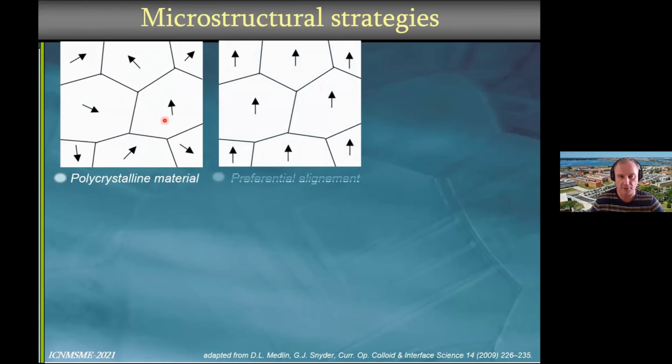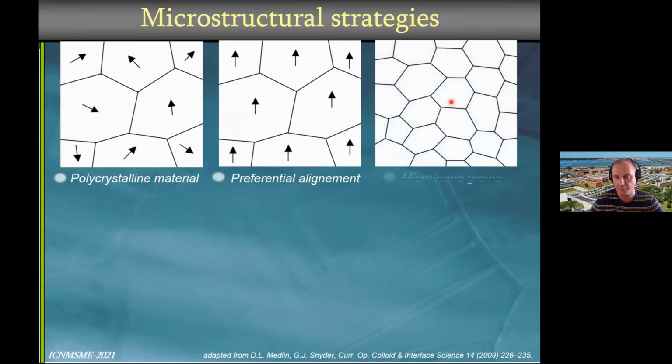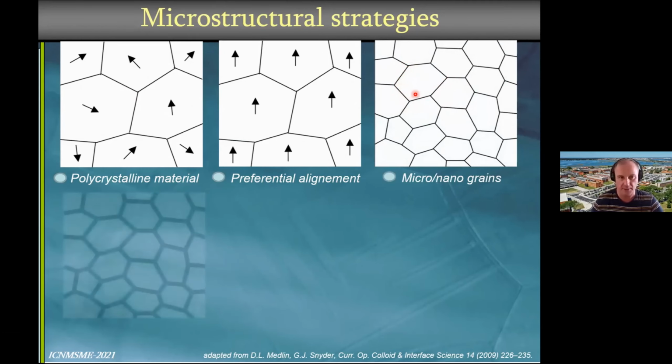Here, the microstructural alignment, namely preferential orientation, is a very popular approach to optimize the transport direction. A very popular approach is also to decrease the grain size, relying on the scattering effect on the grain boundaries, which basically scatter the phonons. In this way, you can decrease the thermal conductivity independently of other parameters.